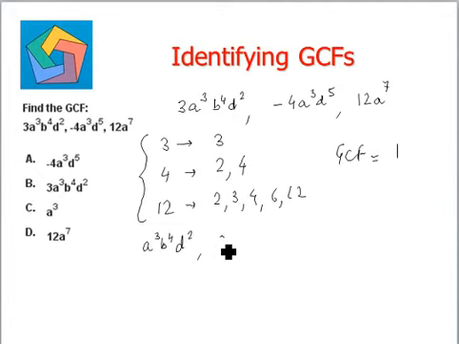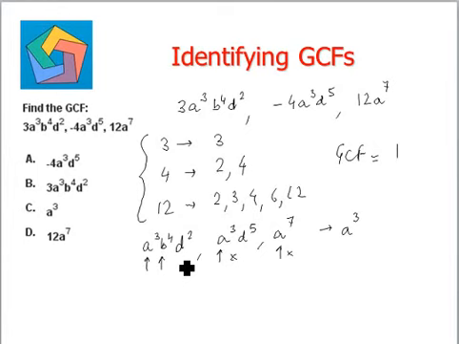Now we'll take the variable part: a cubed b^4 d squared, a cubed d^5, and a to the power of 7. Looking at the first variable a, here we have a cubed and a to the power of 7, so the lowest power of a is a cubed. Now we go for b. Here we have b^4. B doesn't exist here, neither here, so b will not be considered in the GCF.